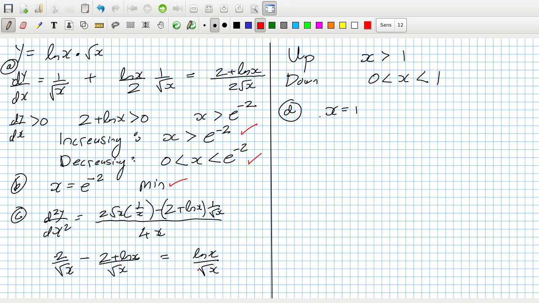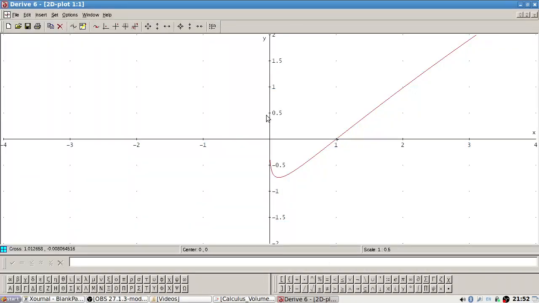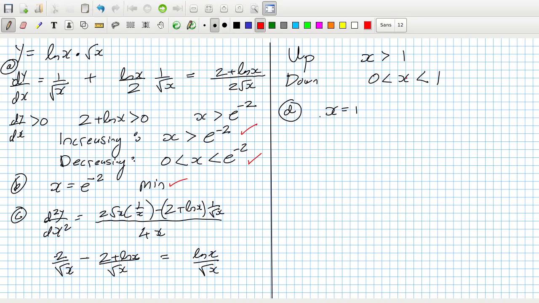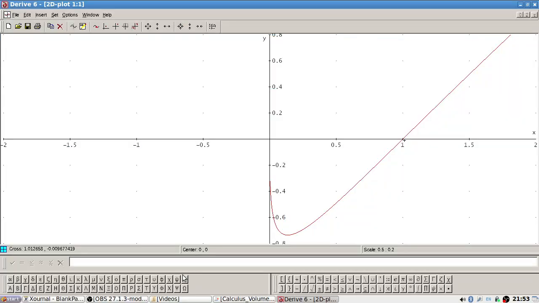Maybe it's with my second derivative. Or maybe I have to zoom in more. That's concave up 0 to 1. Did I make a sign mistake?